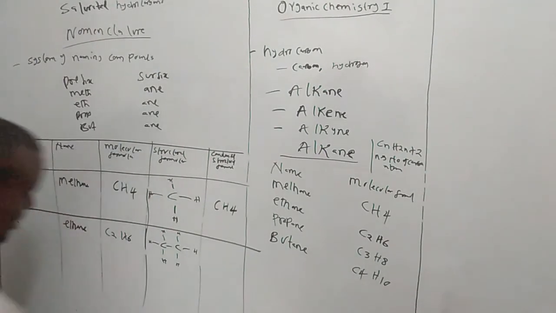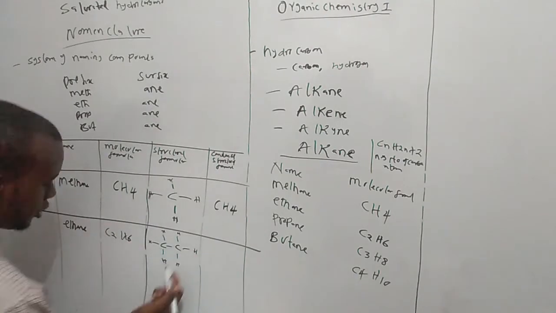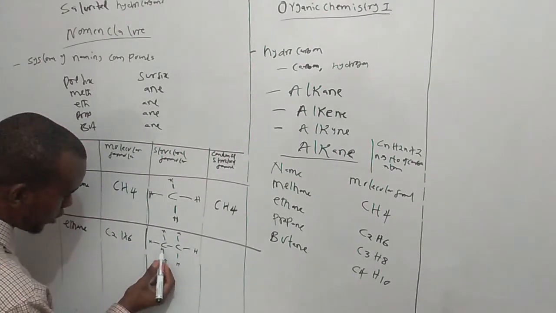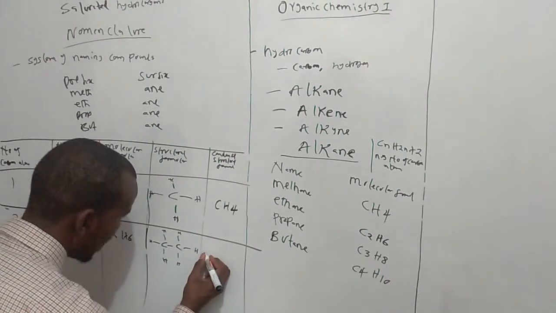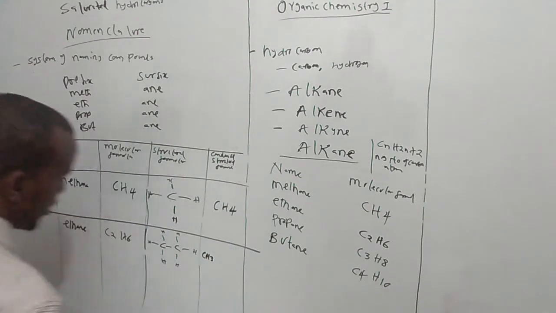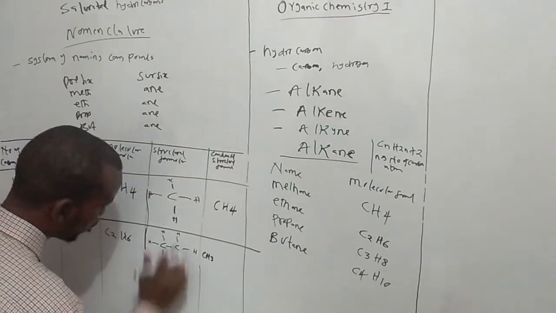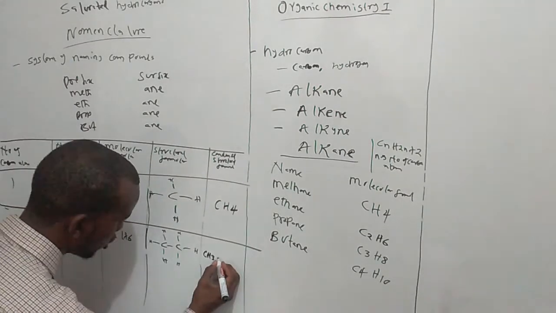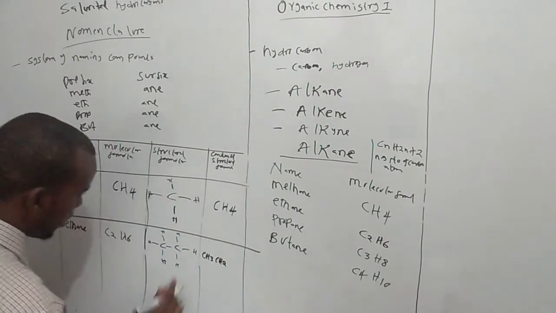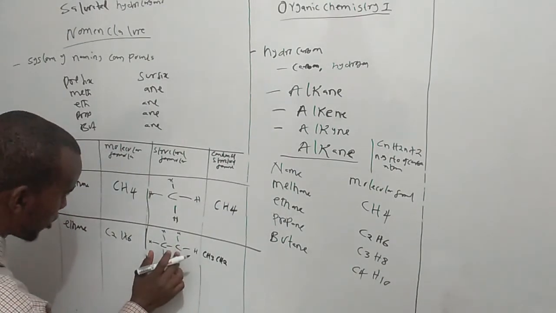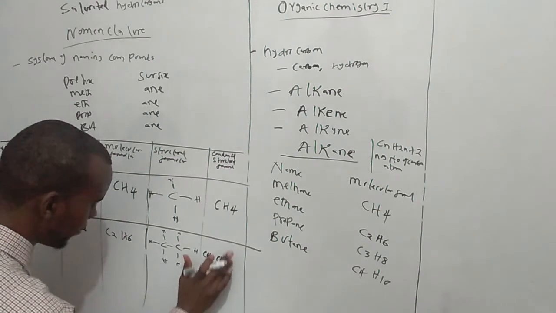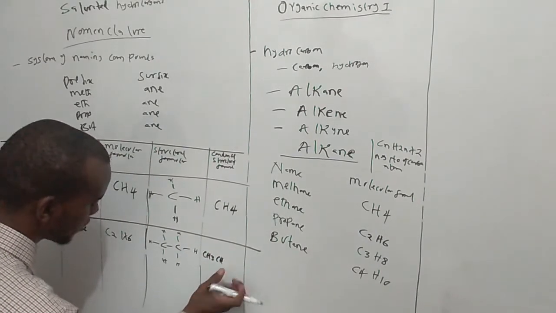So the condensed structure, we can condense this structure into, you see, this carbon is bonded by 3 hydrogen, so we can say CH3. Then this carbon is bonded by 2 hydrogen, so we can have CH2. Then this carbon is also bonded by 3, so we have CH3.